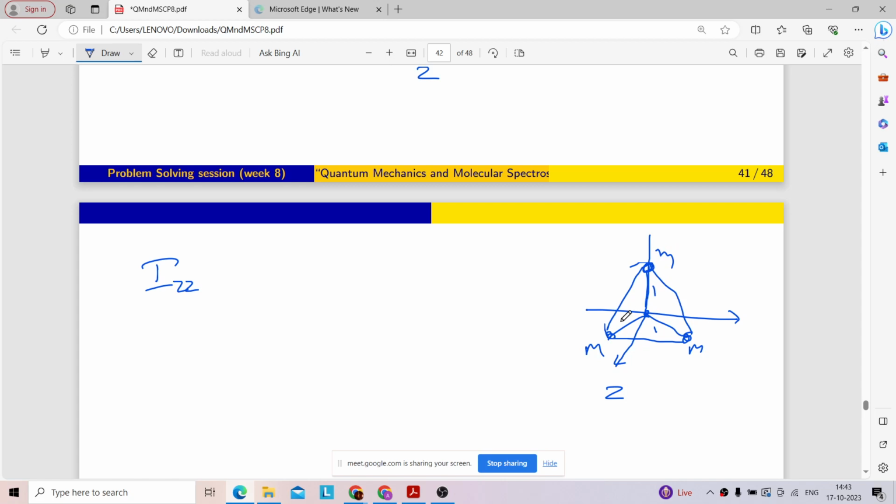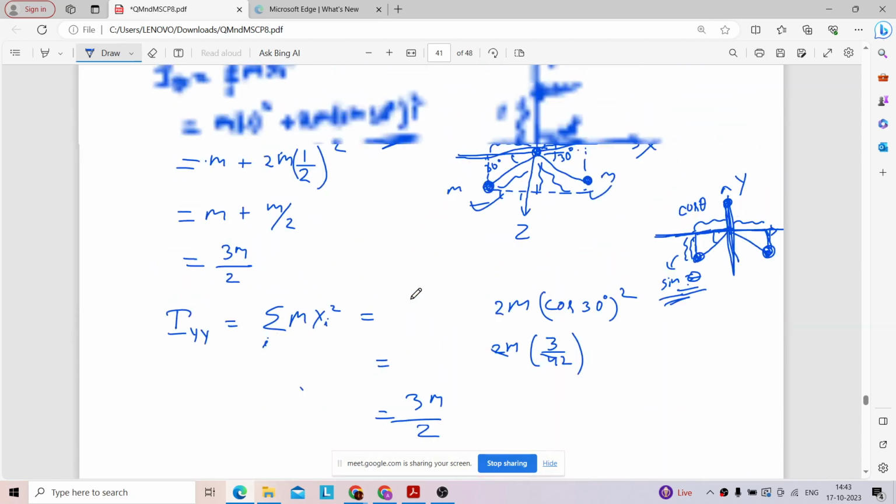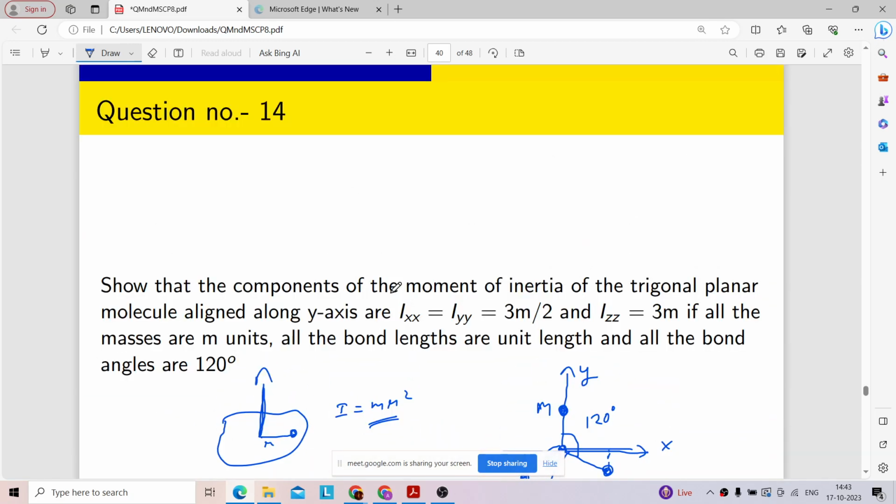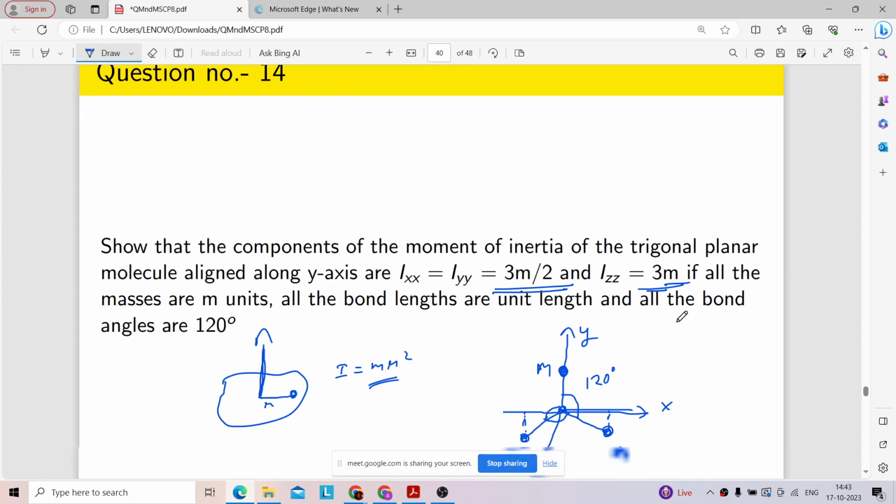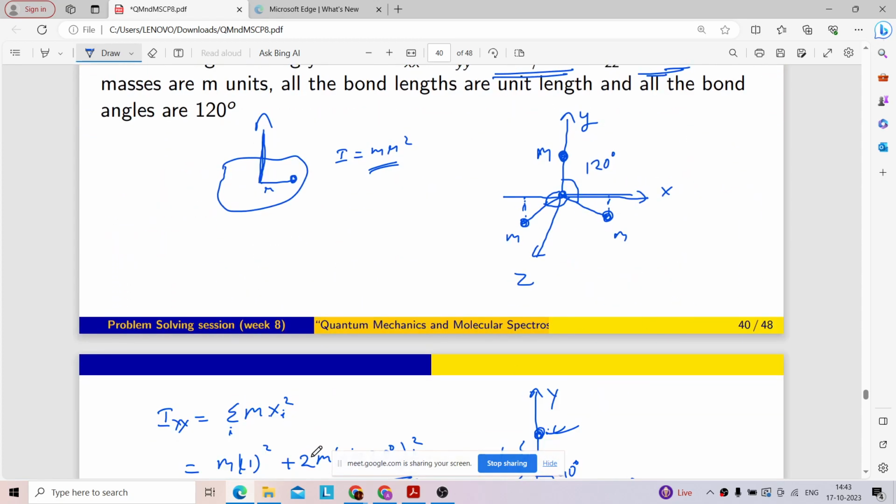So it will be the sum of m_i x_i squared, which is 3 times m times 1 squared, so this will be 3. So we proved I_x and I_y are 3m over 2, and I_z is 3. So it's time for today. We'll meet in the next class.